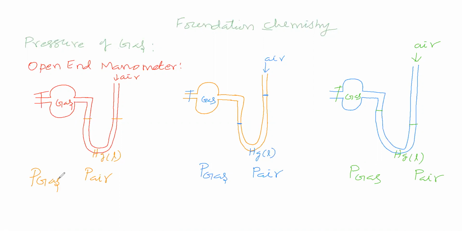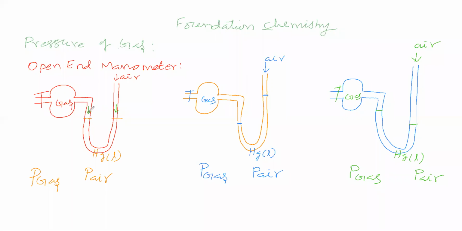In the first case, this gas pushes the mercury down like this, and this air pushes the mercury down like this. In what magnitudes do they push the mercury such that the mercury level here and here are equal?